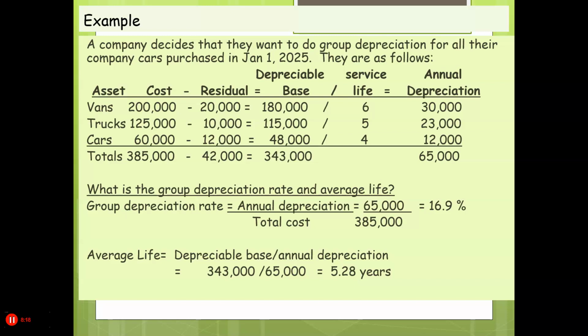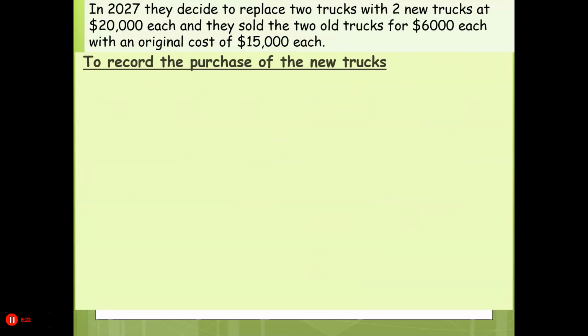Now, what happens if we buy and sell vehicles? In this case, we replaced 2 trucks and bought another truck. We received $20,000. So we bought 2 trucks at $20,000 each.